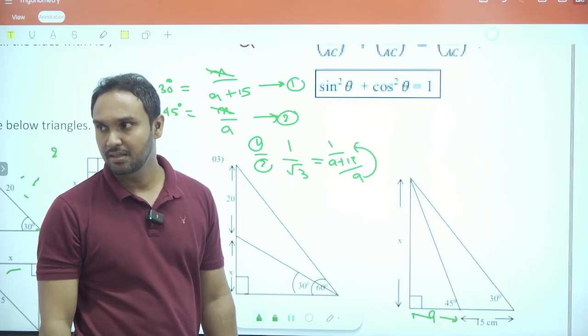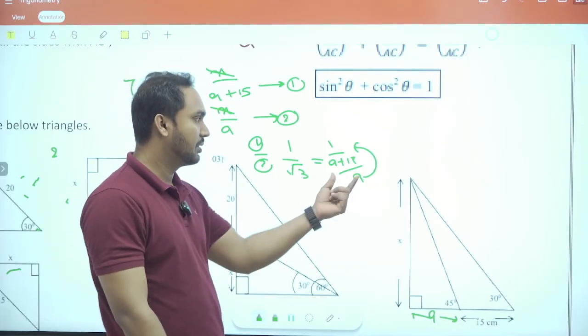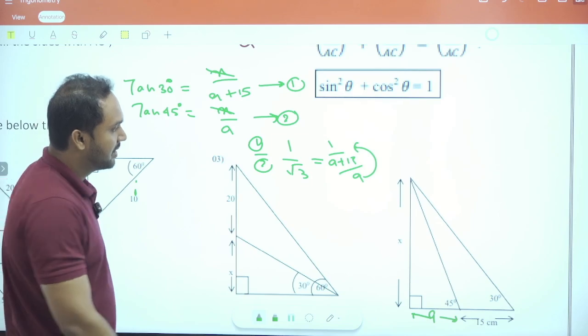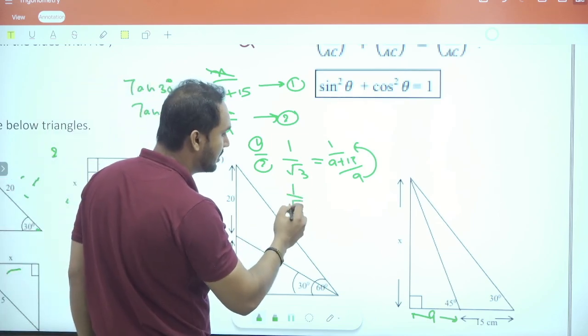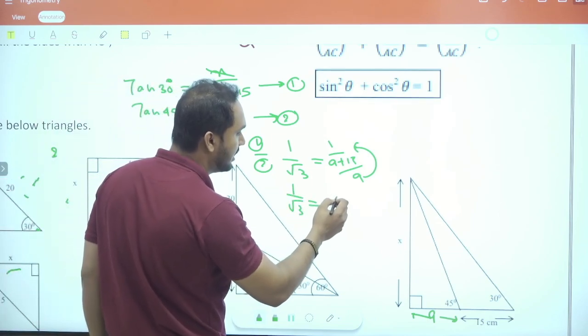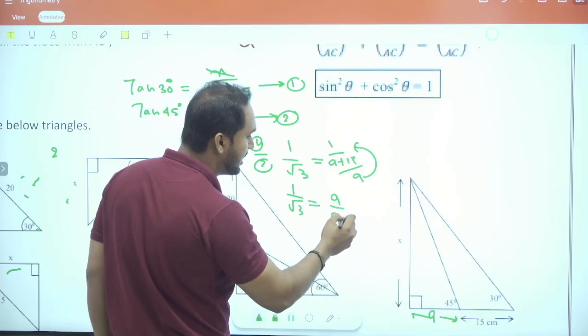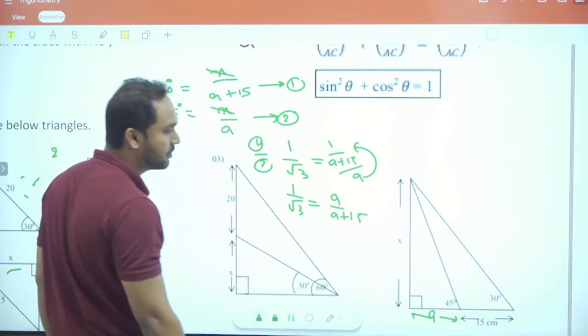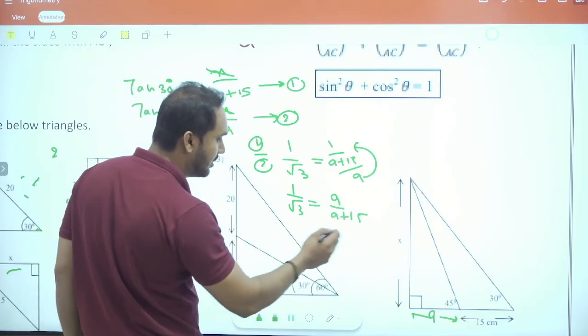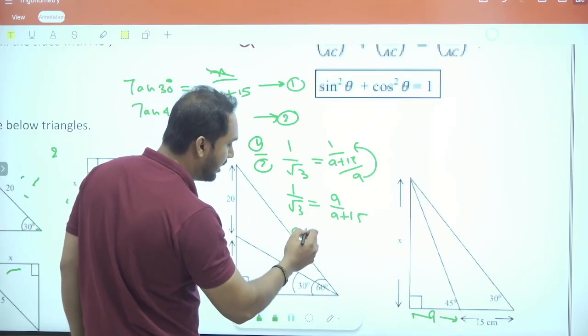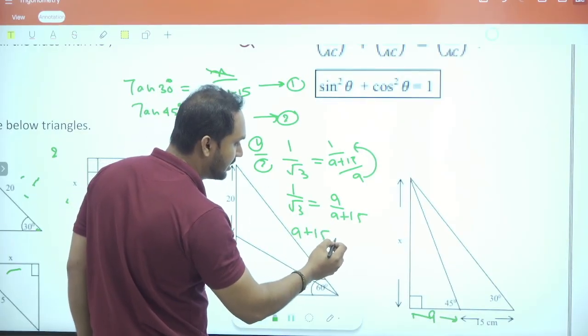Remember, we even did this. So that will be 1 over root 3 equals a over a plus 15. Now you cross multiply it. You multiply this way, a plus 15.